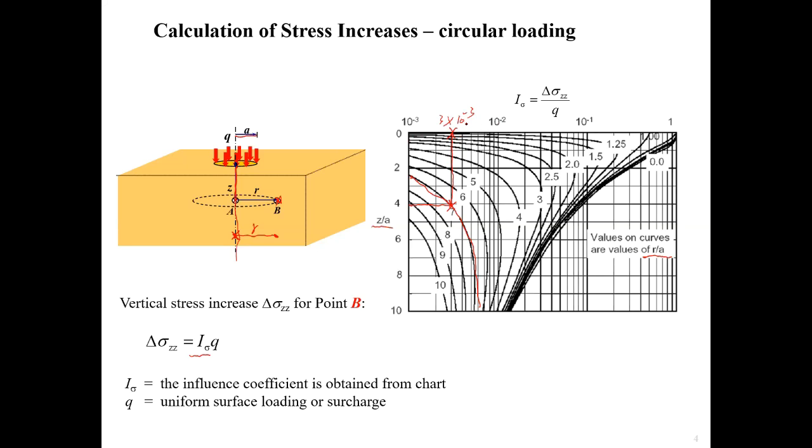That's how we find the value from this design chart. Once you get I sigma times Q, it gives us the stress increase at any point B that does not lie on this center line. So for circular loading, we have 2 scenarios.